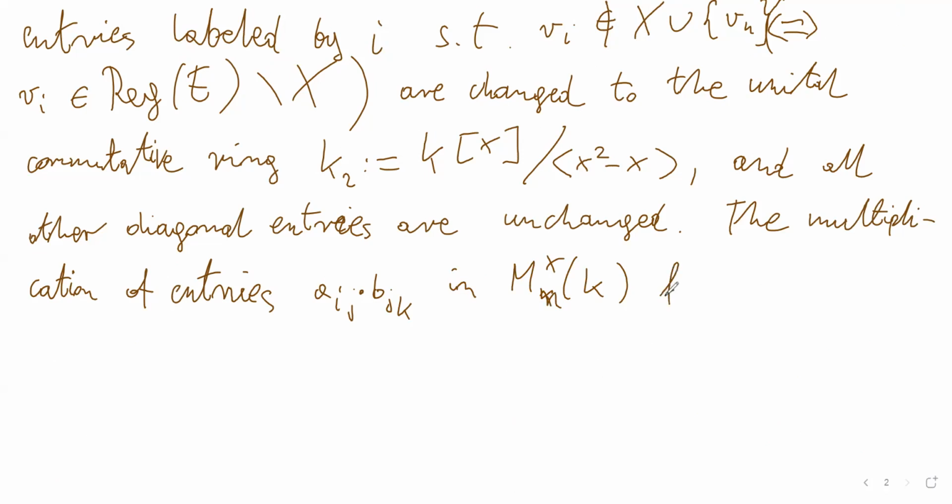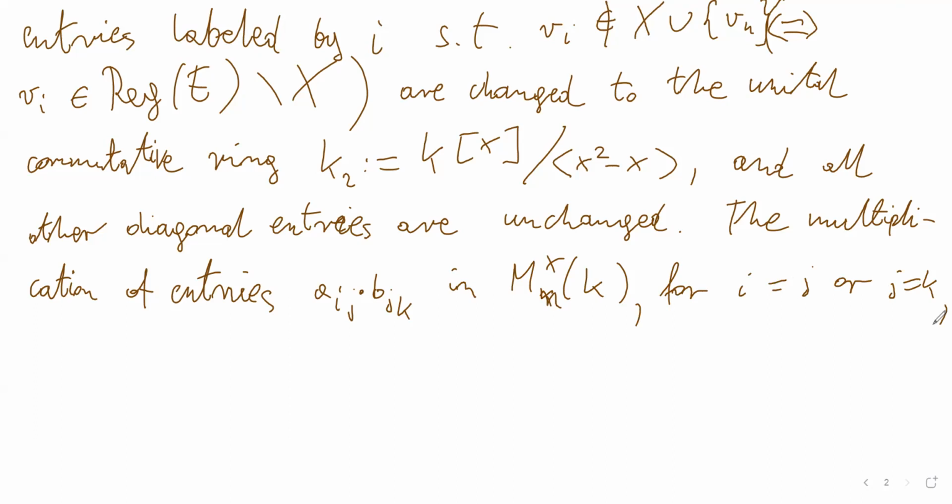For the special case of I equal to J or J equal to K, so in other words, we're multiplying two entries, but with the assumption that one of these entries is on the diagonal.